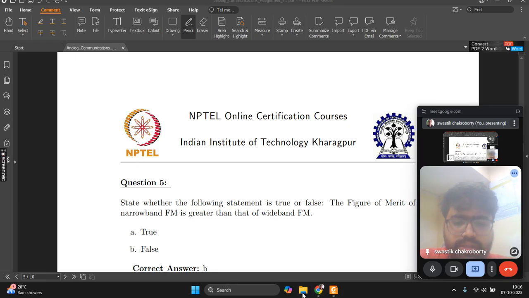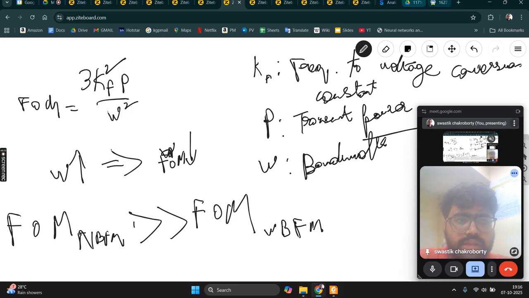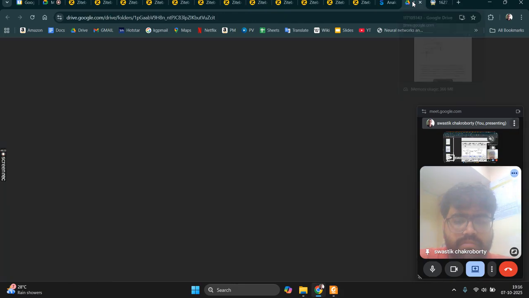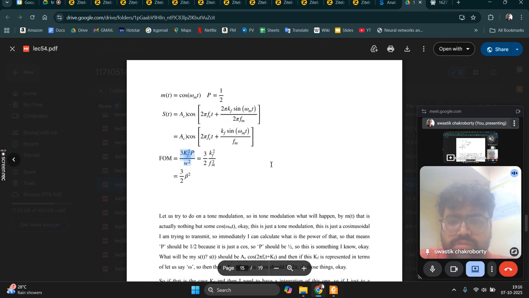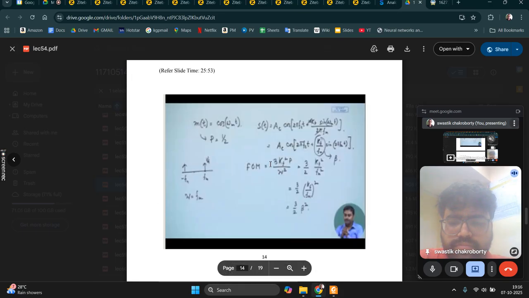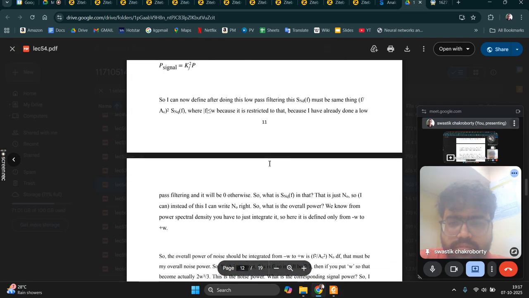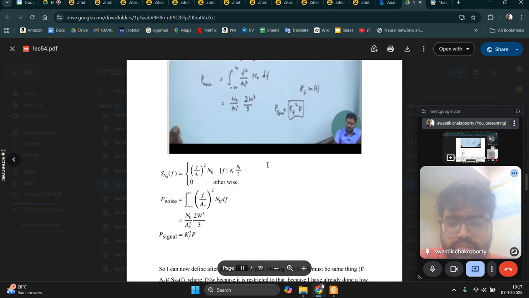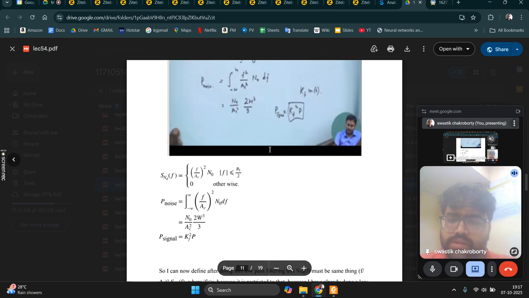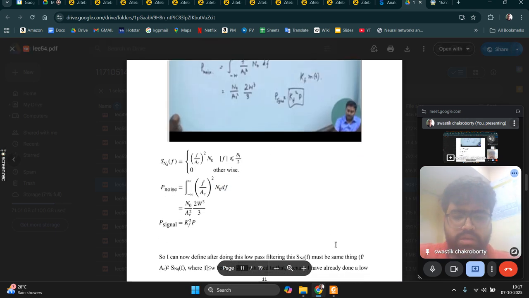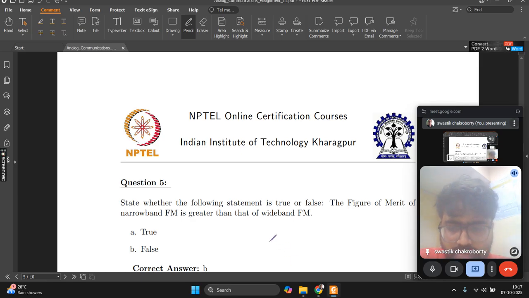But as we can see from the lecture material, the figure of merit is inversely proportional to the bandwidth of the signal. So I would say that you ignore this. The correct answer will be A, true, because FOM is inversely proportional to W square.